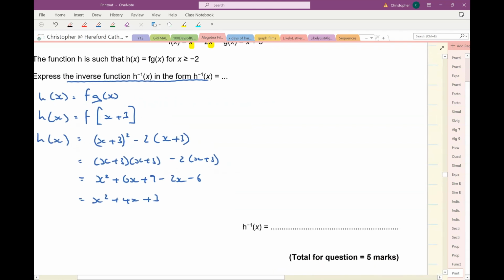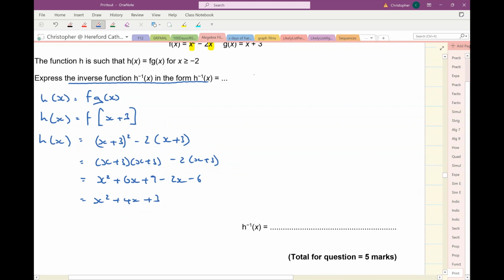And now what I need to do is find the inverse function. So h of x is x squared plus 4x plus 3. So I'm going to write y equals x squared plus 4x plus 3, and now I'm going to make x the subject. Now I've got a quadratic there, so I'm going to need to complete the square.